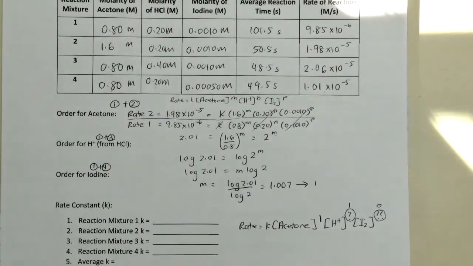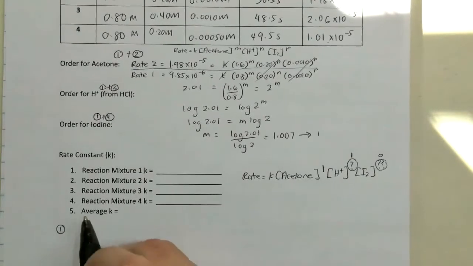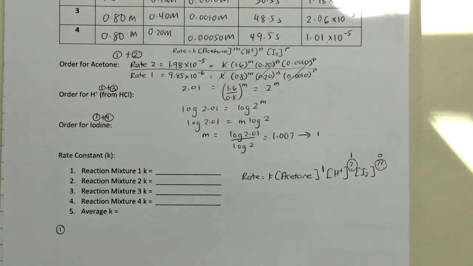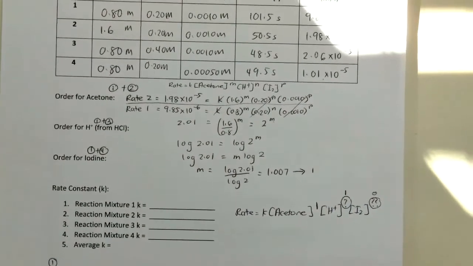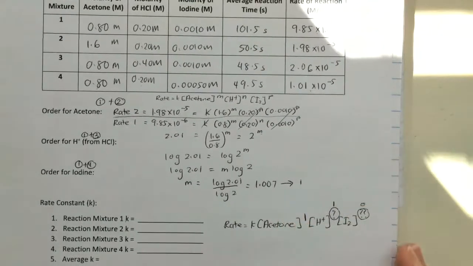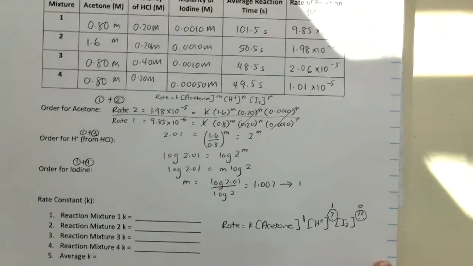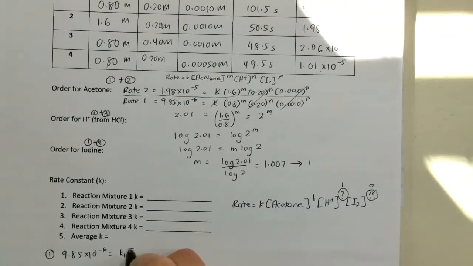So for the first K, I'm going to write down 9.85 times 10 to the minus 6 equals K. The first one, I'll just write K1 so you know. And then acetone was 0.8 to the power of 1.